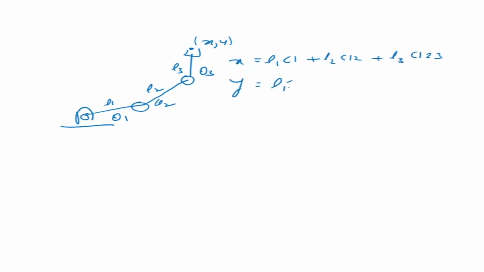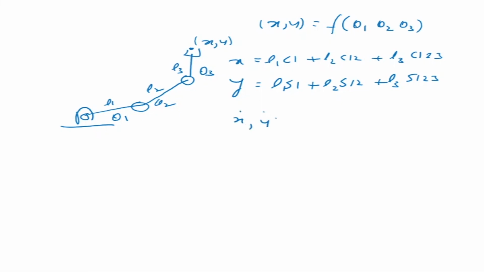Similarly, y is equal to L1 sin theta 1 plus L2 sin (theta 1 plus theta 2) plus L3 sin (theta 1 plus theta 2 plus theta 3). Now x and y are functions of theta 1, theta 2, and theta 3. So your Jacobian matrix, relating x dot, y dot, the J, will be 2 by 3, which is non-square.